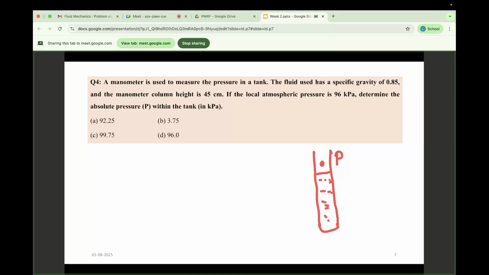Say this is also atmosphere, this is also atmosphere. Whatever may be point 1 and point 2, it should remain the same. It is just an assumption for atmosphere.